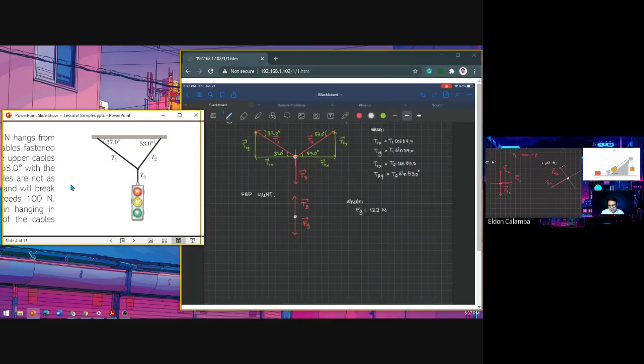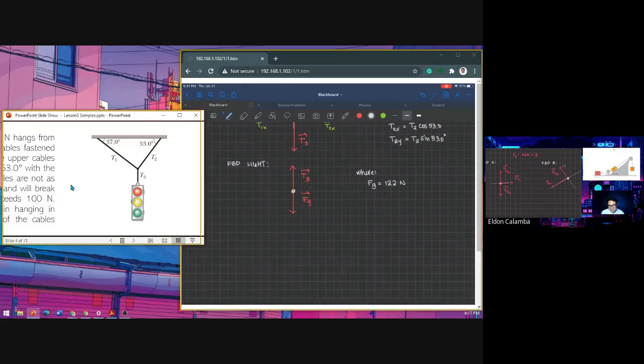So, let's solve for T3 first by using the free body diagram of the light. And take note, this is still under first law of motion. So, summation of forces equal to 0. So, using the FBD of light, let's take advantage of the y component. So, summation of forces of y is equal to 0. So, this is just T3 minus Fg equal to 0.